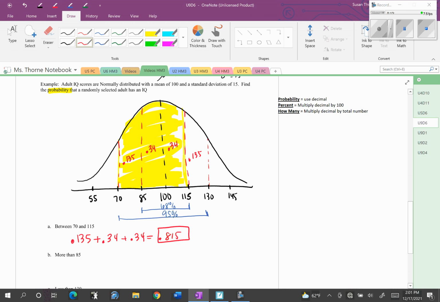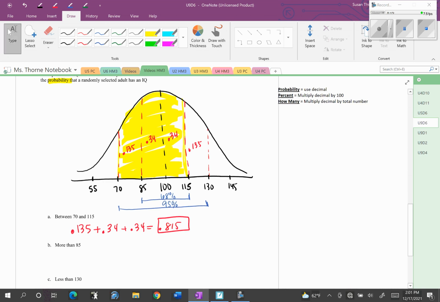So now we want to figure out the probability that a randomly selected adult has an IQ of more than 85. So more than 85, I'm going to erase this yellow part here, would be from here going all the way this way.